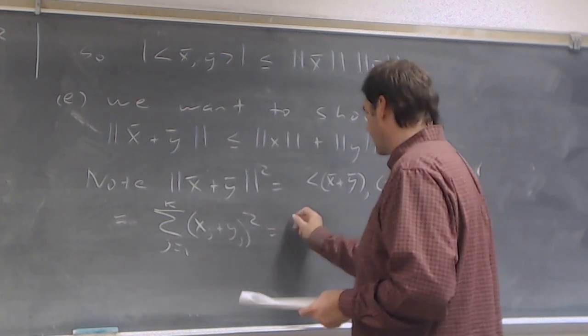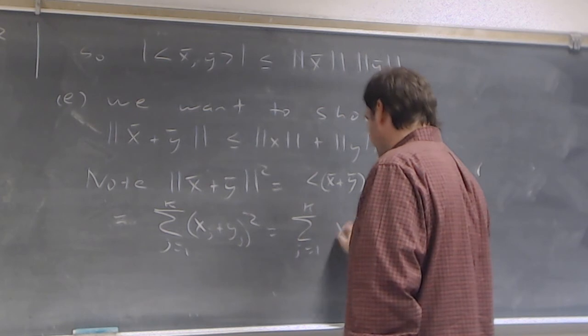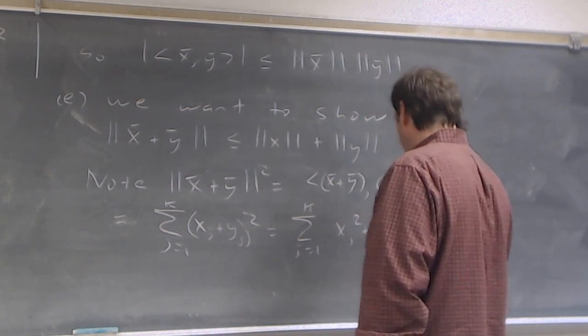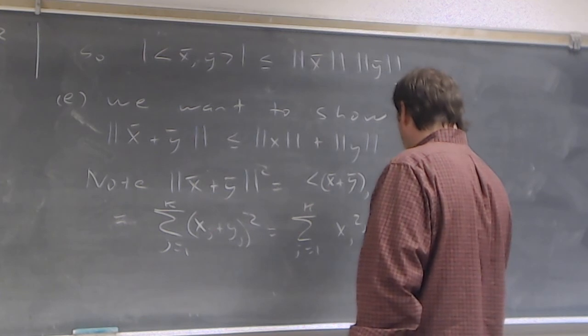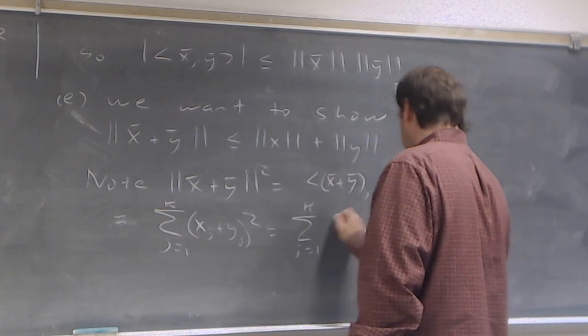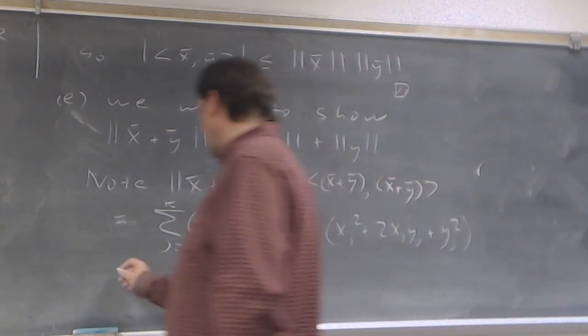And this is going to be equal to the sum as j runs from 1 to k of x sub j squared plus 2 x sub j y sub j plus y sub j squared. You can break this up into 3 sums.